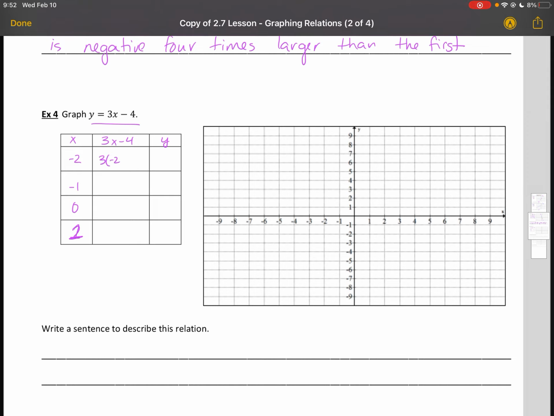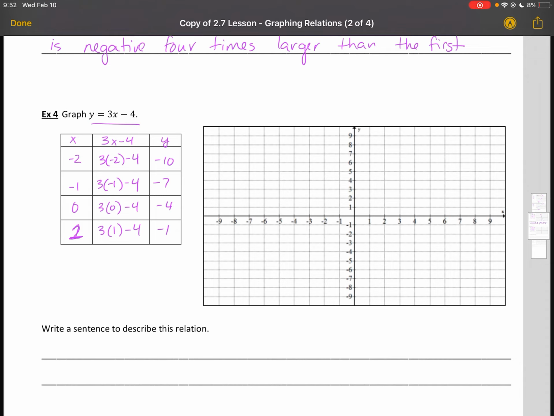And then I'm going to evaluate. So minus 6 minus 4 is minus 10. Minus 3 minus 4 is minus 7. 0 minus 4 is minus 4. And then I've got 3 minus 4 is minus 1.